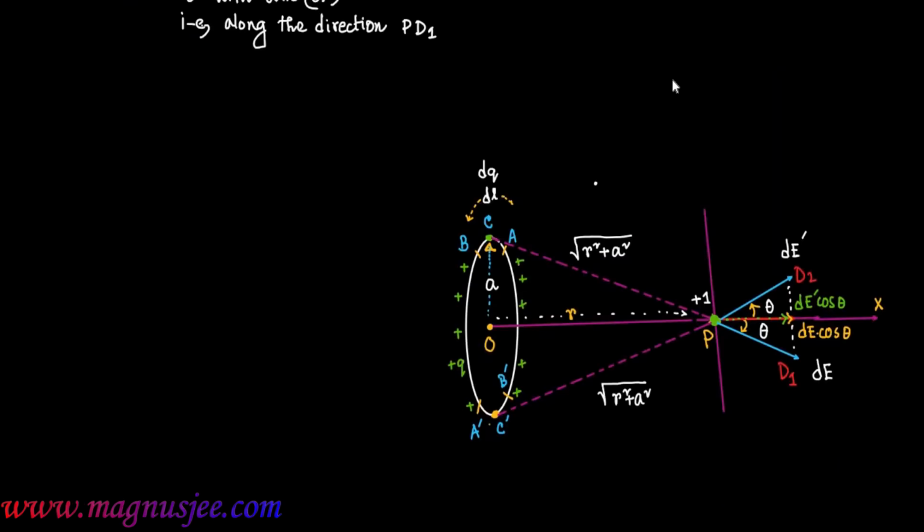Again, the electric field intensity at the point P due to the small element A prime B prime, that is dE prime, acts along the direction PD2.